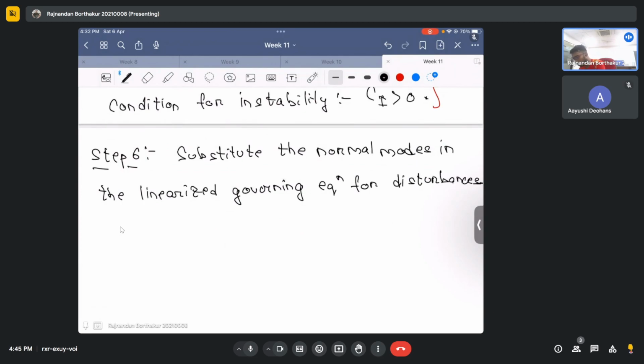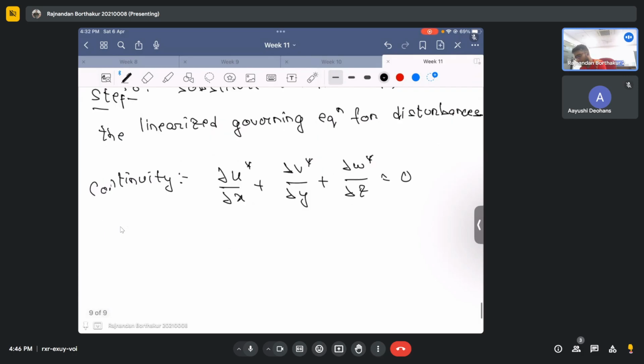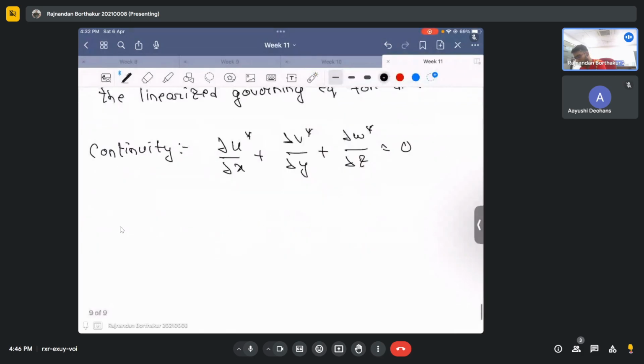All right, so if you do that in the continuity equation, okay, so what was the continuity equation? It was this basically. And if you just substitute the normal modes of del u star, del v star, and del w star, you will see that your continuity equation eventually simplifies to something like this. You can do it and just check it yourself.